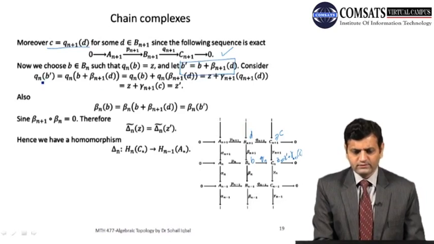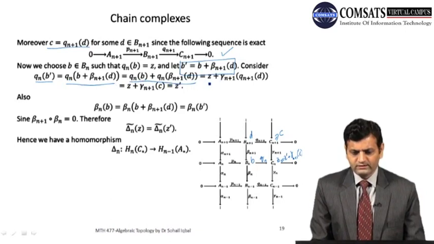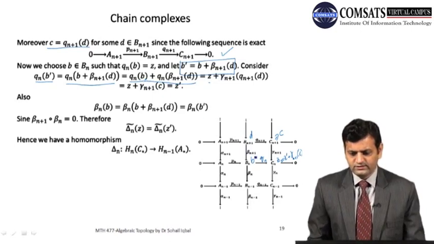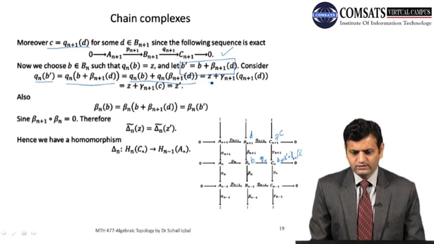Now consider the following image. The image of Qn of B prime, where B prime we defined over here is equal to B plus beta n plus 1 of D, and using the homomorphism property this is equal to this, and so once again Qn of B is equal to Z. Now D is an element of Bn plus 1, and first we apply Qn plus 1 and then apply gamma n plus 1.